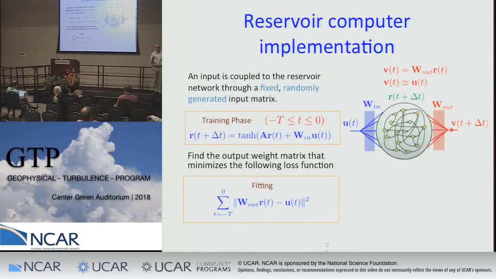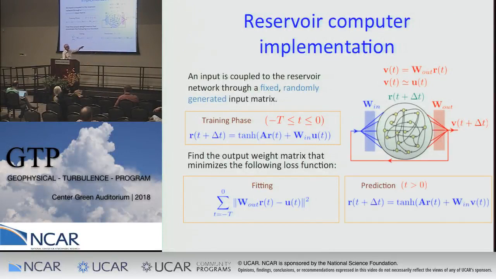If you successfully trained just by observing your data, not knowing anything about the system, to be able to time step, then at t equals 0, you can just close the loop and give your predicted time step back into the thing. And now you have a system that is in principle capable of mimicking your external system off the end of your time series at t equals 0.